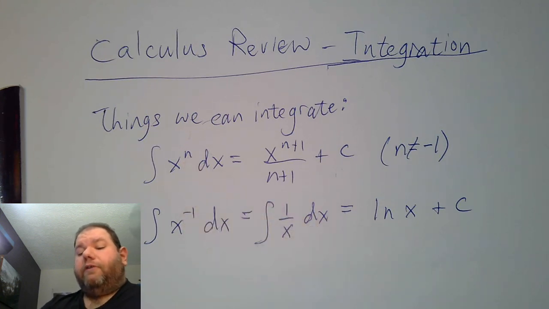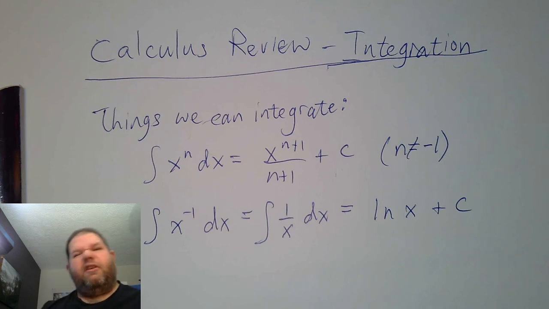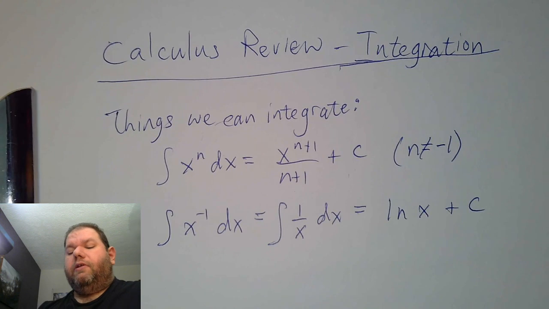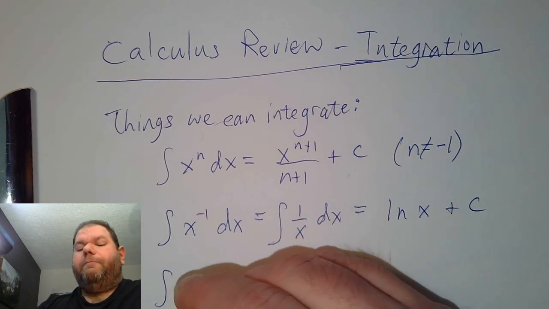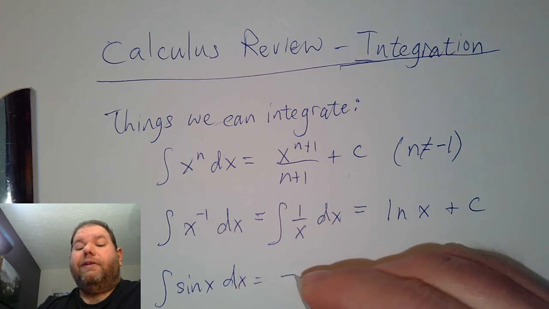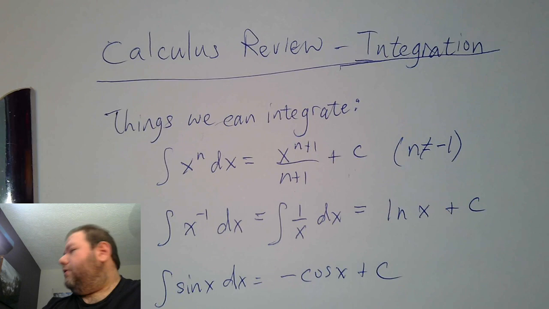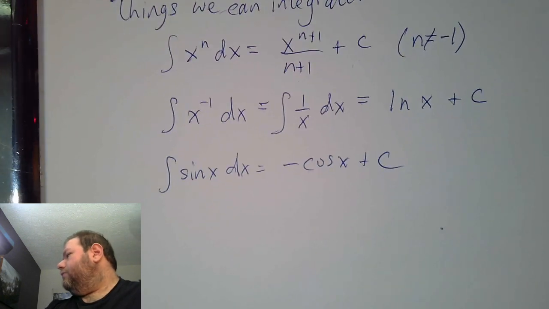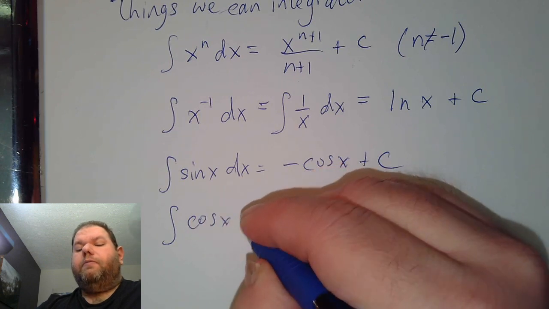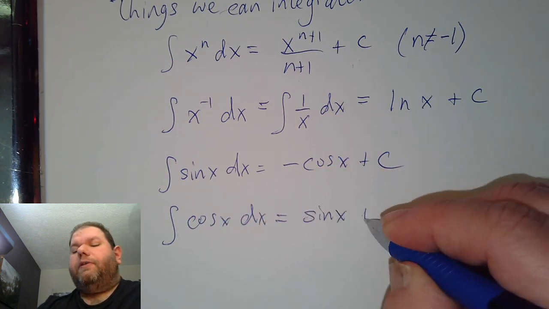That's for when we have x raised to a power. There's a few other specific things that we've learned how to integrate beyond that. We know the integral of sine x is negative cosine x plus c. We know the integral of cosine x is sine x plus c.